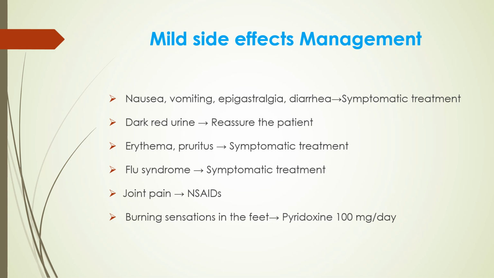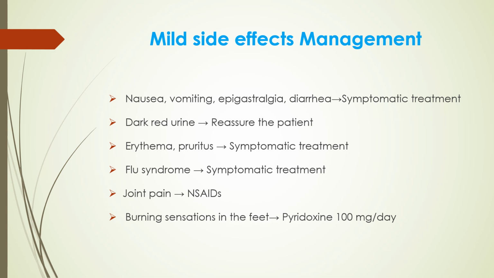The mild effects that are known and how to manage them. For example, if a patient presents nausea, vomiting, epigastralgia, and diarrhea, we have to give symptomatic treatment for each one. If he notices that he has dark red urine, we have to reassure the patient that it is normal because of the rifampicin. Rifampicin is the medication that can cause that dark red urine.